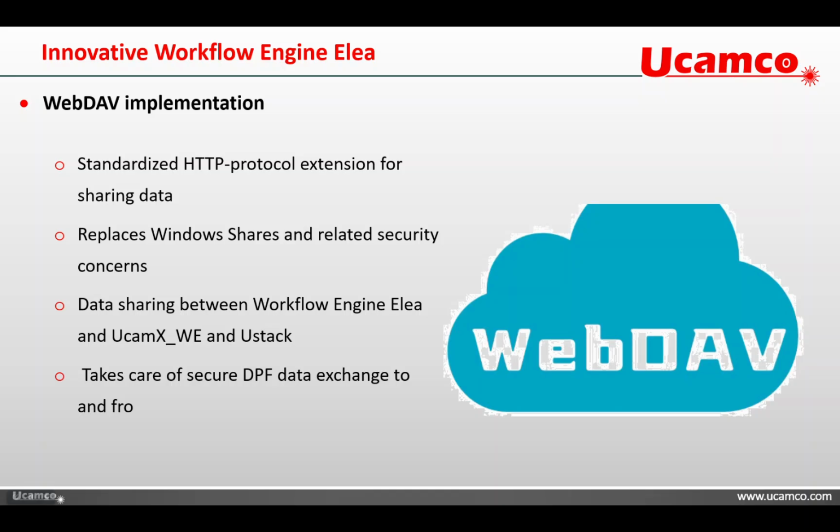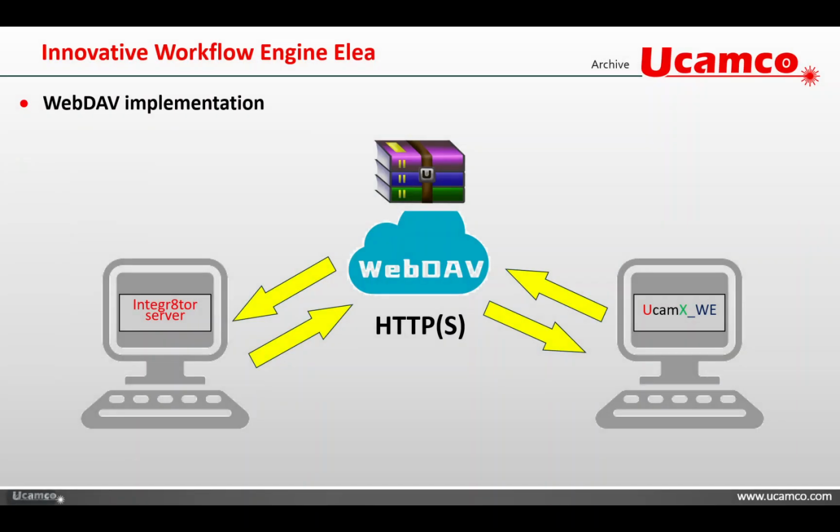So from this release onwards, when you're using the Nexus line of products, so the Job Manager or the JobAdjuster, this system is replaced by this WebDAV tool, which will take care of the secure DPF data exchange between the two sites, which is basically what you see in this slide, just as a sketch. On the one hand, you have the Integr8tor server that keeps all the data.